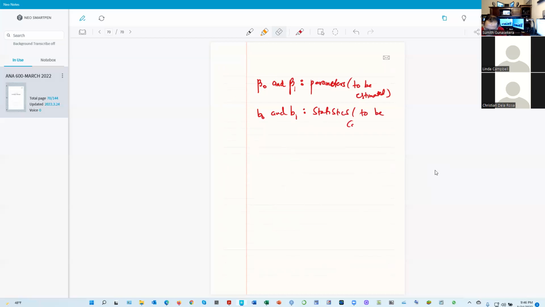To be computed, calculated. So simply, beta naught hat is b naught, beta 1 hat is b1. That's the idea, estimates. Okay.